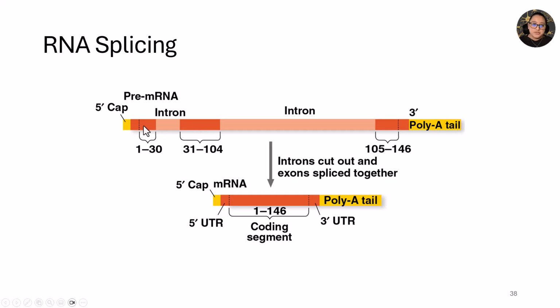The exons are in the dark orange. So you cut out the introns, and what you're left with are all the exons spliced together. Even though this pre-mRNA might have been this long, it's going to be shorter in the final version, and then it's just called mRNA, messenger RNA, or sometimes the mature mRNA.